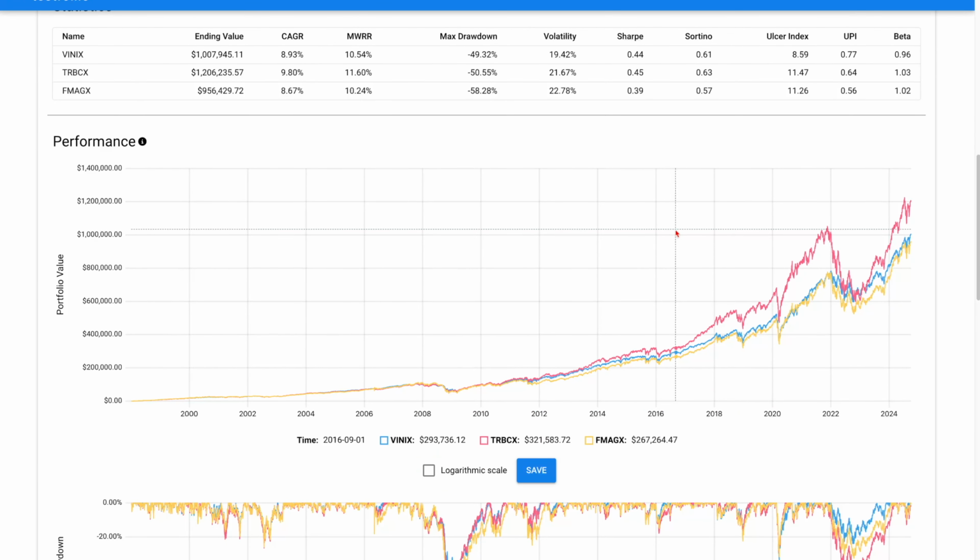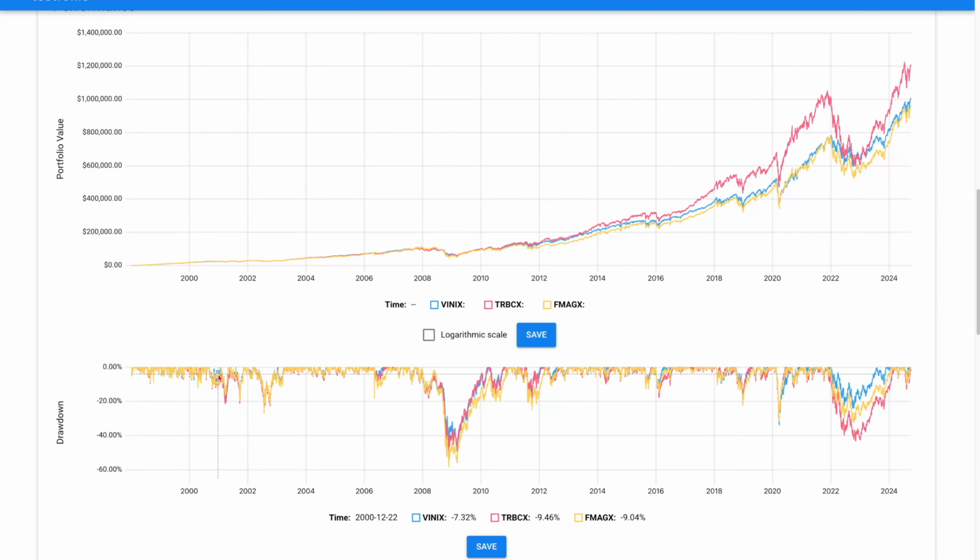Let's look at the performance. T. Rowe Price, according to this, is outperforming the other two funds. Fidelity Magellan is underperforming VINIX. And if you look at the drawdown, they have a very similar risk profile, how far they go down, and the difference up and down throughout the years.